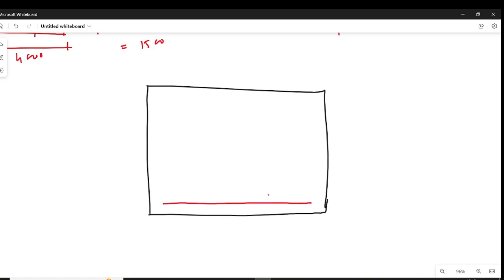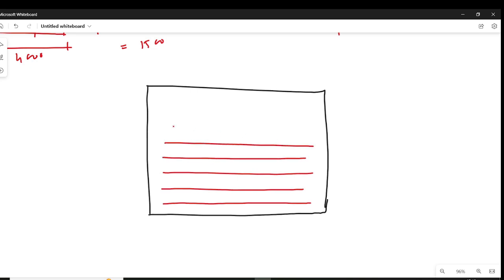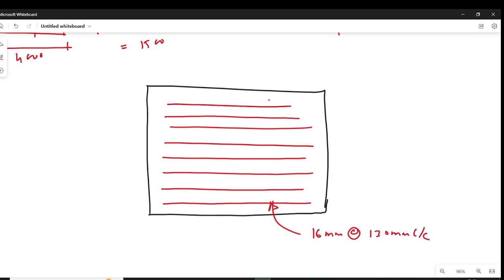So we have calculated reinforcement in the x direction, which is 16 mm at the rate 130 mm center to center. This is the reinforcement in the x direction. In the shorter direction, we have divided into some bands as per IS 456. So based on that, we have calculated the reinforcement.